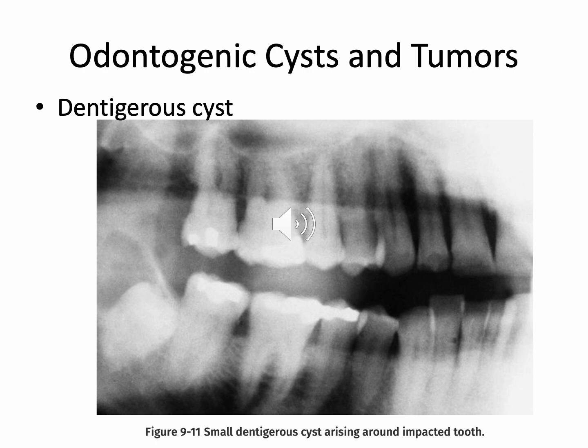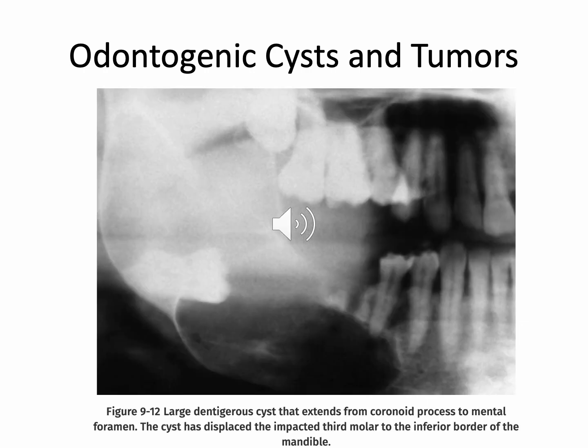Not the best x-ray, a cropped off section of a Panorex, but certainly showing a small dentigerous cyst associated with the CEJ and distal aspect of impacted tooth 4-8. Left unchecked, it can turn into something like this. So this would be a massive dentigerous cyst. At least that's what the textbook said. Radiographically, this certainly seems like it'd be more in keeping with odontogenic keratocyst.